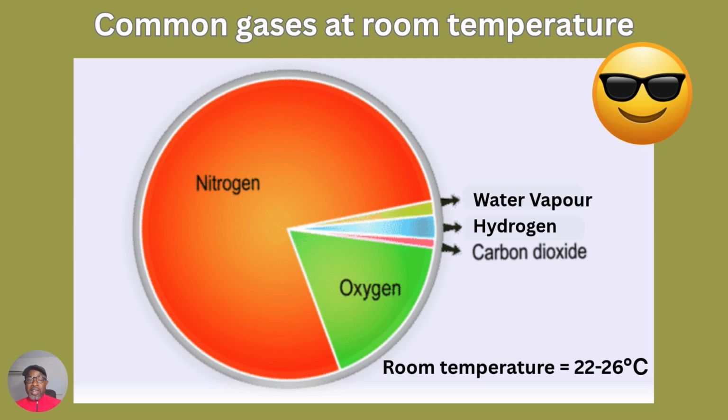If you observe the diagram you are looking at, nitrogen is the most. It has the largest amount, then oxygen, and then the others. Note that very well. Then, of course, we also have room temperature. I told you temperature from 22 to 26 degrees centigrade is referred to as room temperature. Okay.